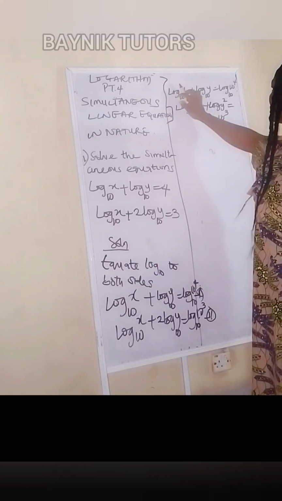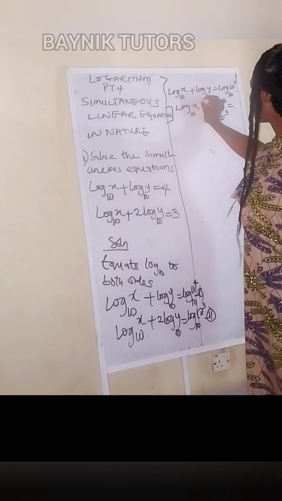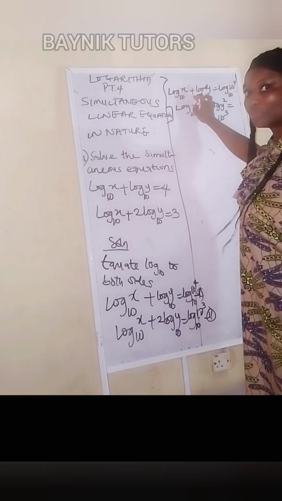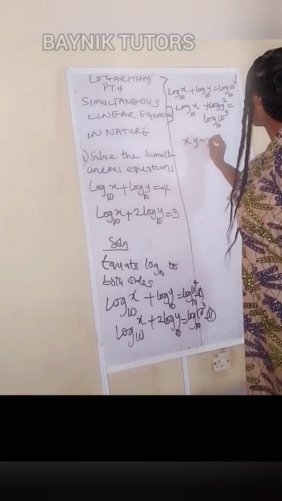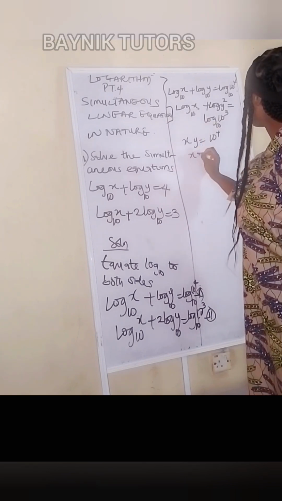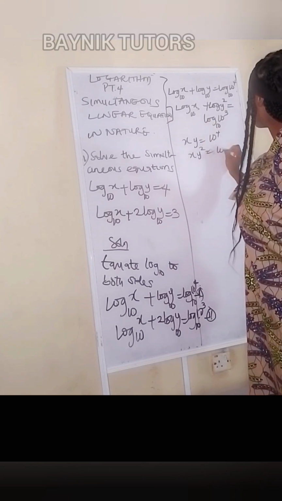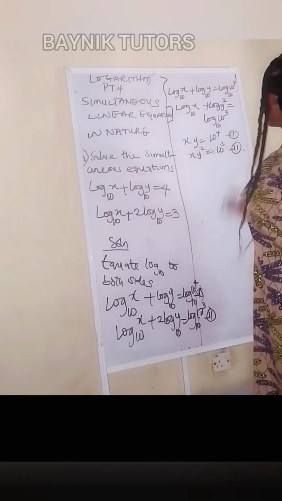Now let's remove the log 10. We'll be left with x times y, because plus in logarithm is multiplication. So it is now xy equals 10 raised to power 4, then xy squared equals 10 raised to power 3. Equation 1, equation 2. Do you understand?